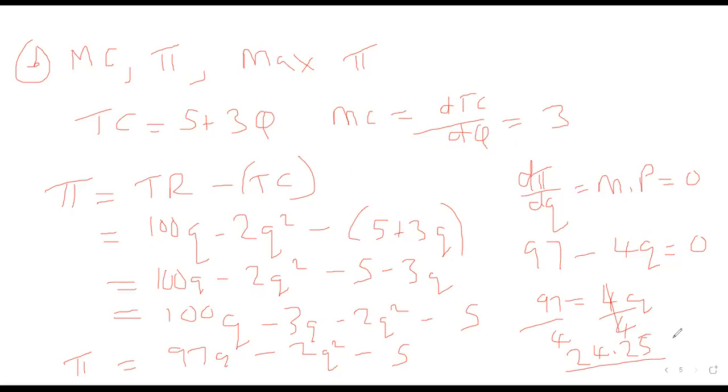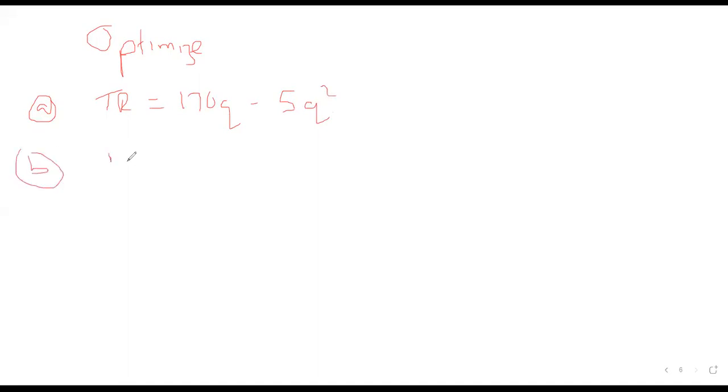24.25. Now, the general term for optimizing may be either to minimize or to maximize. So if it's revenue, you know I'm maximizing. If the question comes generally, optimize the following. A, they've given you TR is equal to 170Q minus 5Q squared. B, they've told you our marginal cost is equal to 20 minus 5Q.